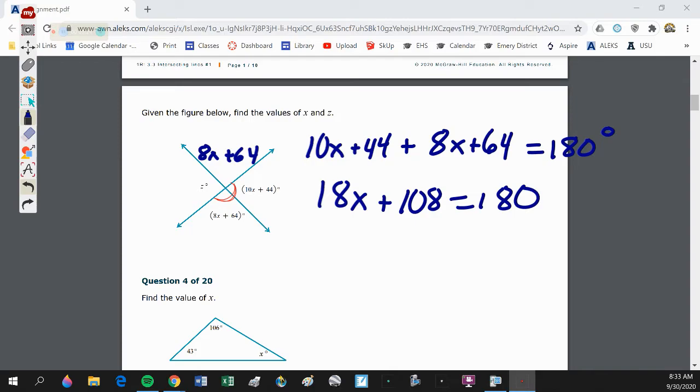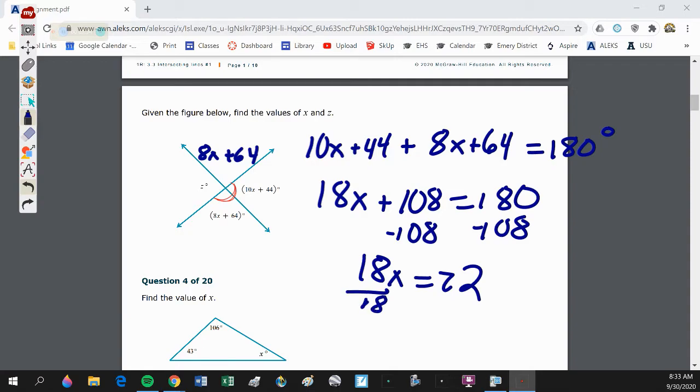Now I subtract 108. And I get 18x is equal to 72. And then I divide by 18. And x is 4. Now what? So I need to figure out what z is.